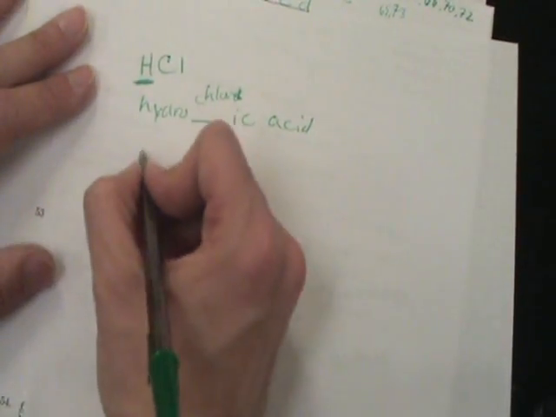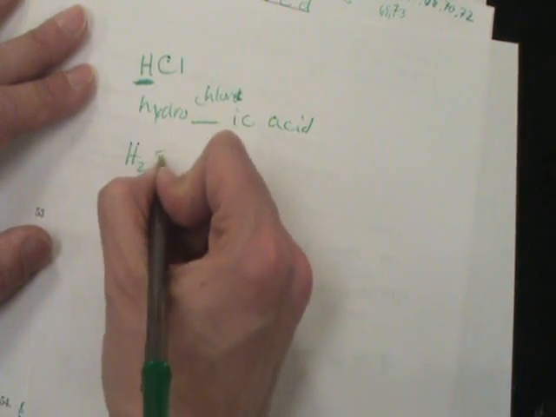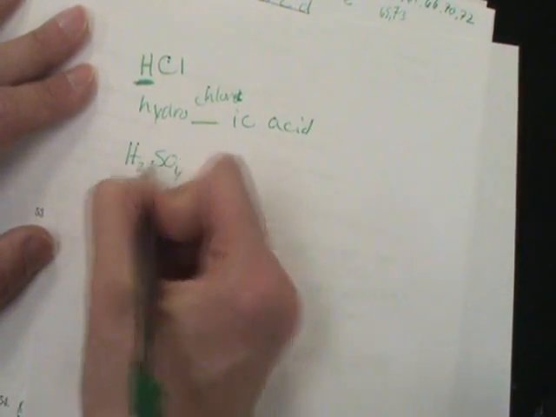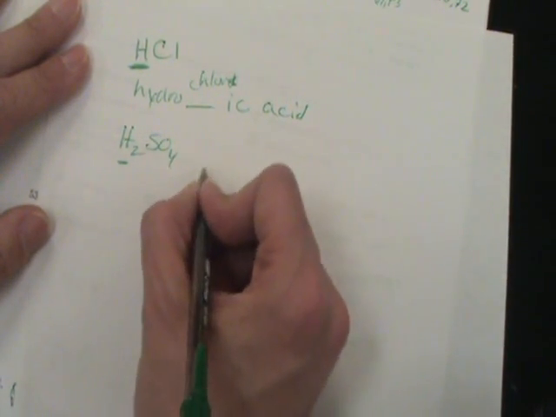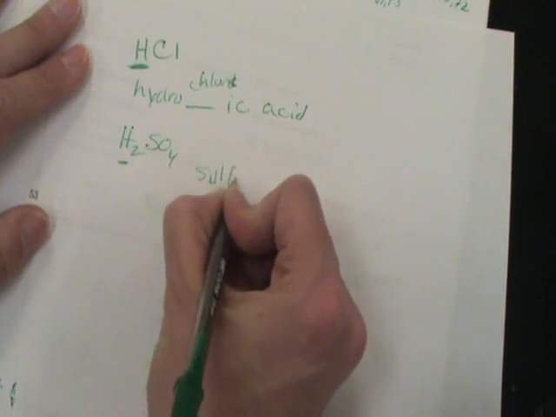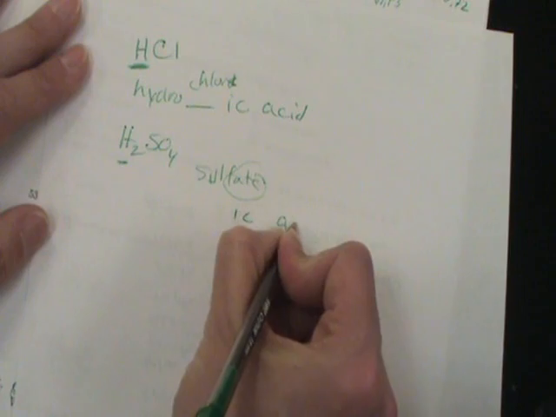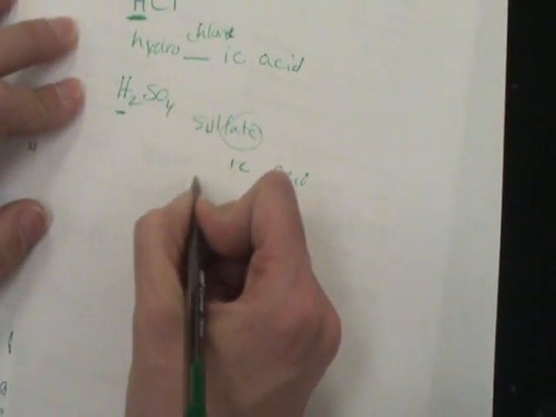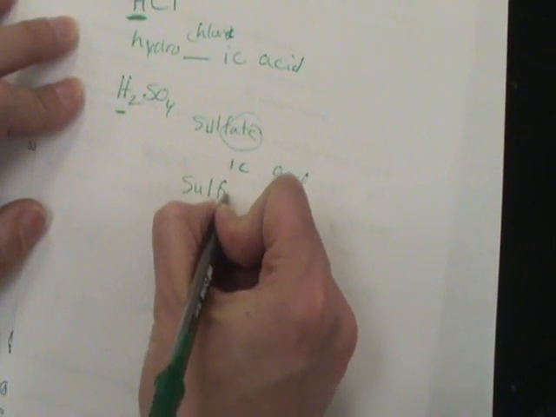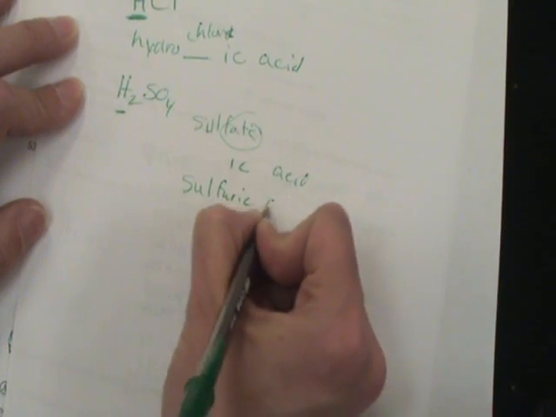If you have one with a polyatomic ion, like H2SO4, again, I know this is an acid because it starts with H. So in this case, you're going to change the ending, so this is sulfate. We change this ending here to ic acid. So this would be sulfuric acid.